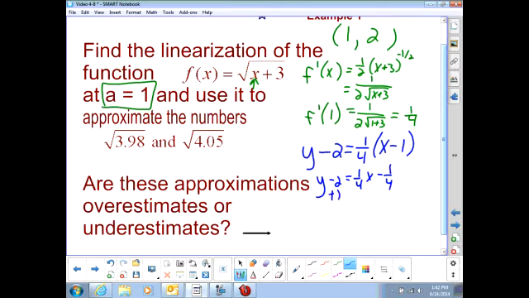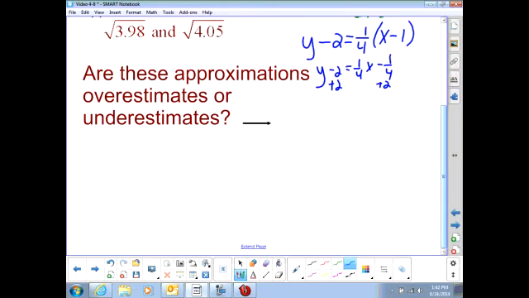And adding the 2 over, 2 is the same as saying 8/4. So we'll have 1/4 x, negative 1/4 plus 8/4 will give us 7/4. Now the book, you might see them instead of y, they might have L of x. I am okay with either, however you would like to express it.